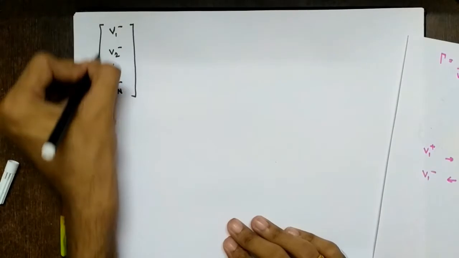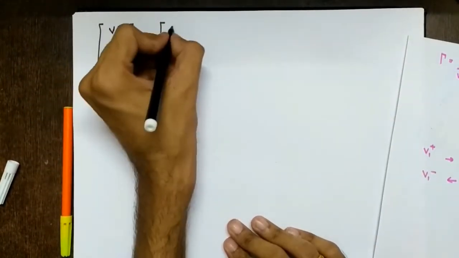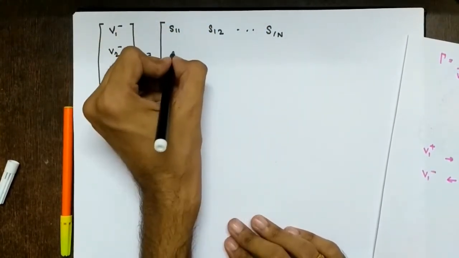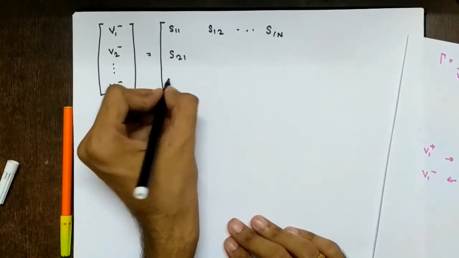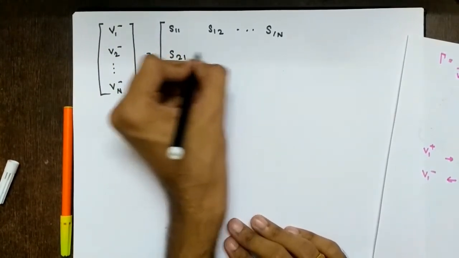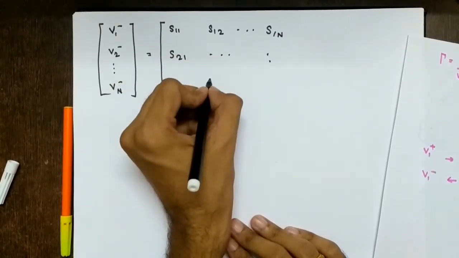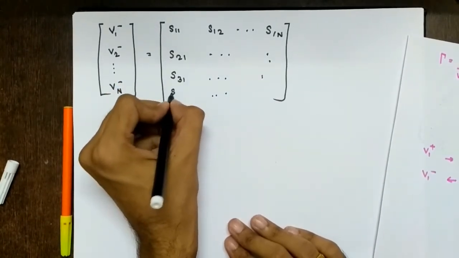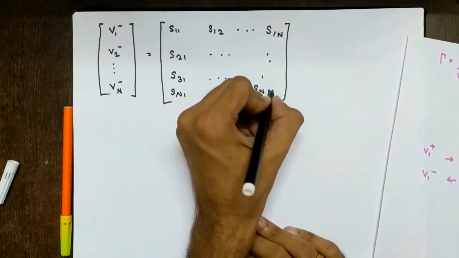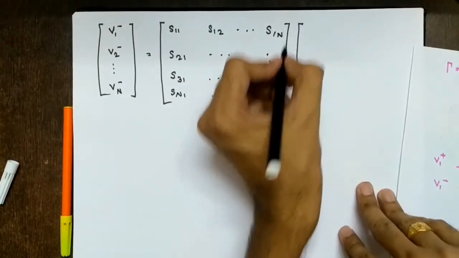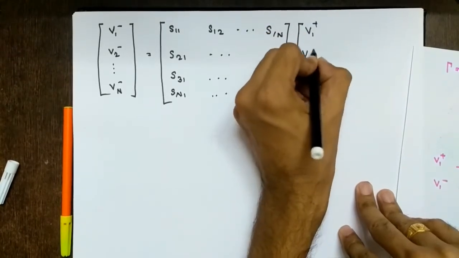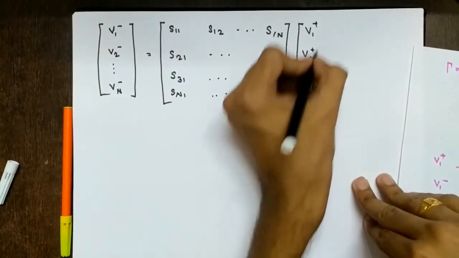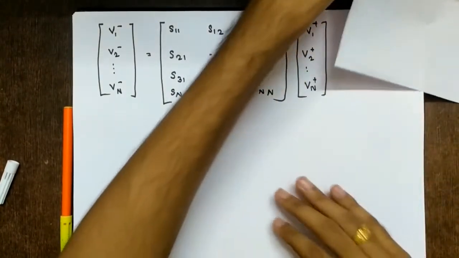This is my column matrix, and this is equal to the scattering matrix: S11, S12, dot dot dot, S1n, then S21, S22, and so on, finally Sn1 up to Snn, multiplied by the incident voltages V1 plus, V2 plus, dot dot, Vn plus. This is how my scattering matrix gets defined.